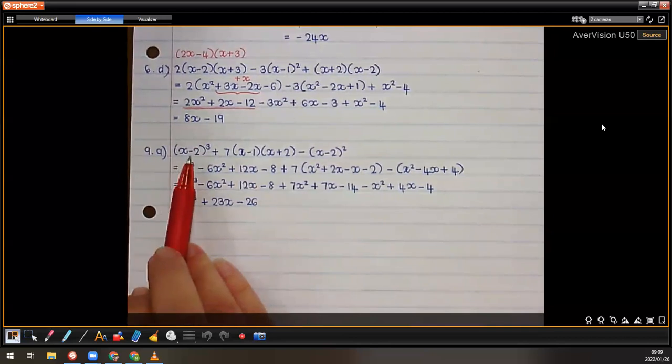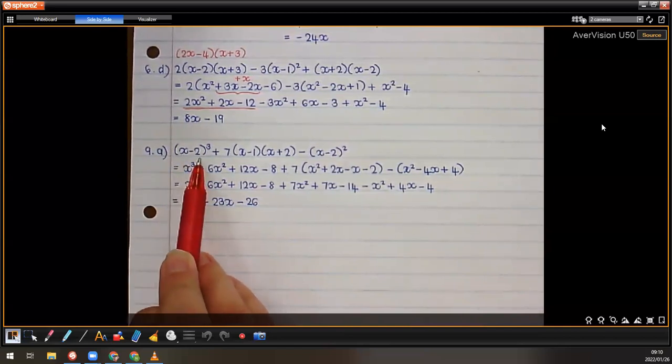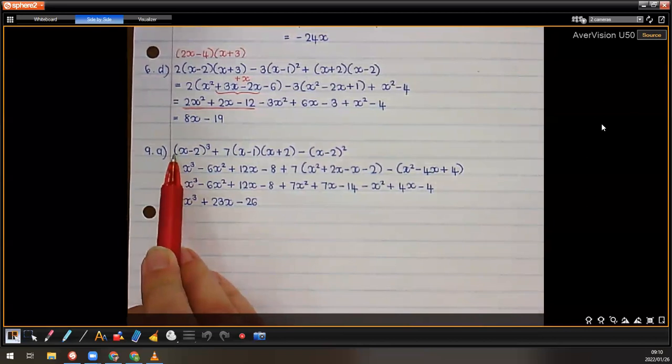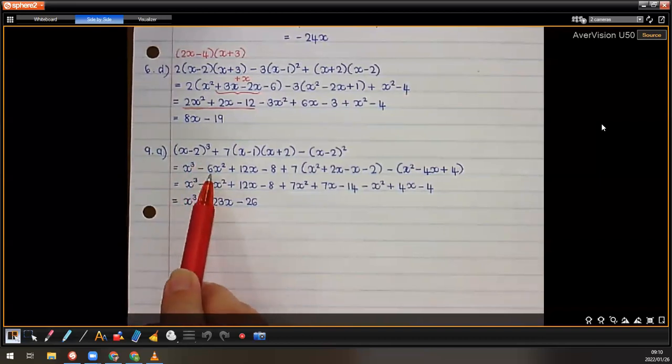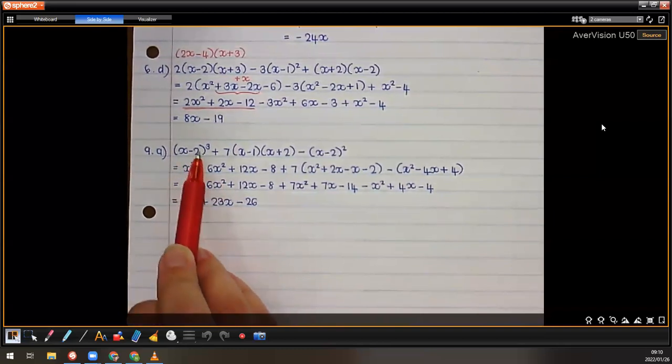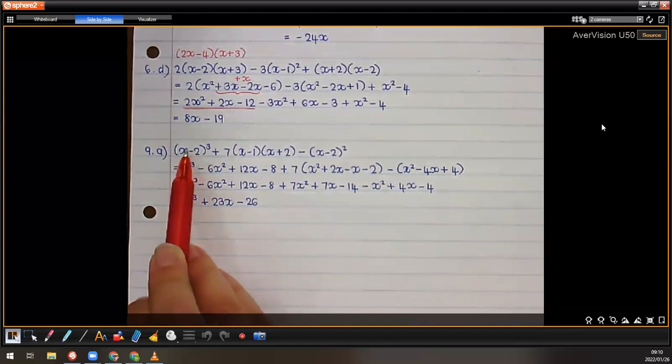All right. You do the first term cubed, so x cubed. Then you say first term squared, so x squared, multiplied by the second term. So you have x squared multiplied by -2. That's -2x squared, right? That you then multiply by 3 to get -6x squared. Yes? Then for the next term you do second term squared. So -2 squared is +4.